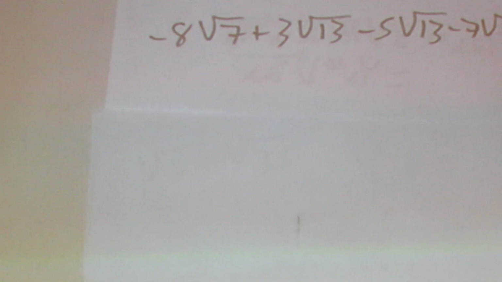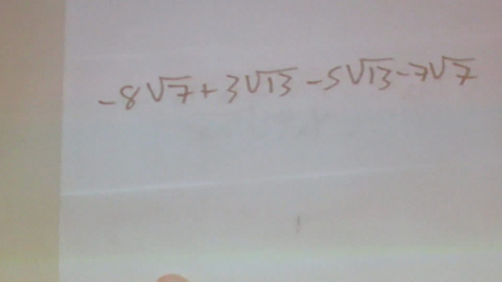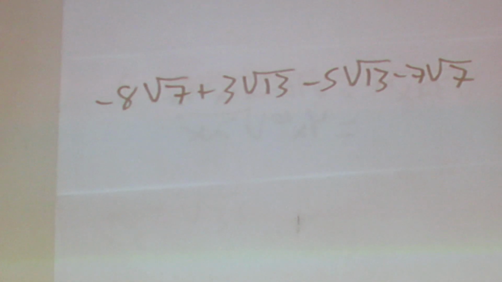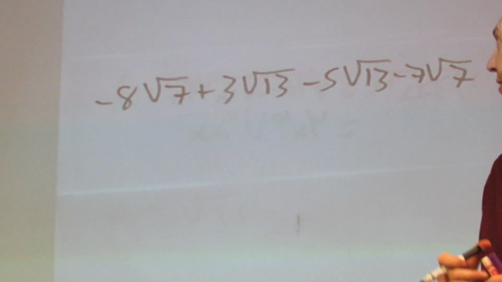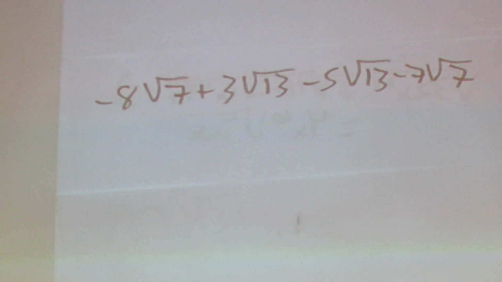Next, we're going to be given something like negative 8 square root of 7 plus 3 square root of 13 minus 5 square root of 13 minus 7 square root of 7. All we're supposed to do here is combine like terms.